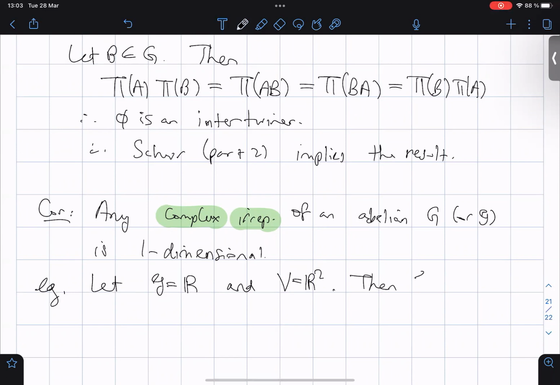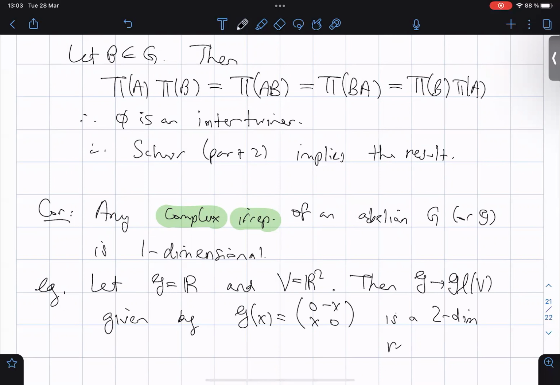Then here's a representation, a two-dimensional irreducible representation given by G of X. So having this complex hypothesis in the above statement is important to force this one-dimensionality.